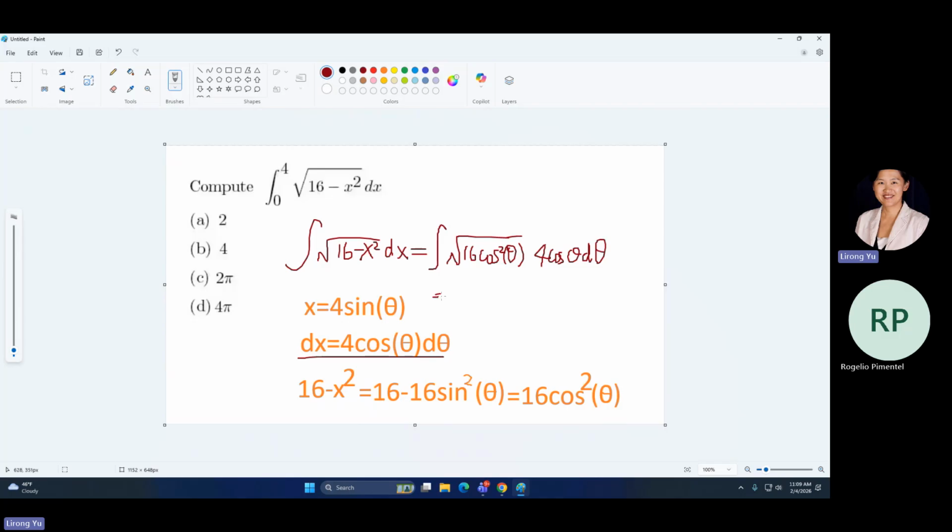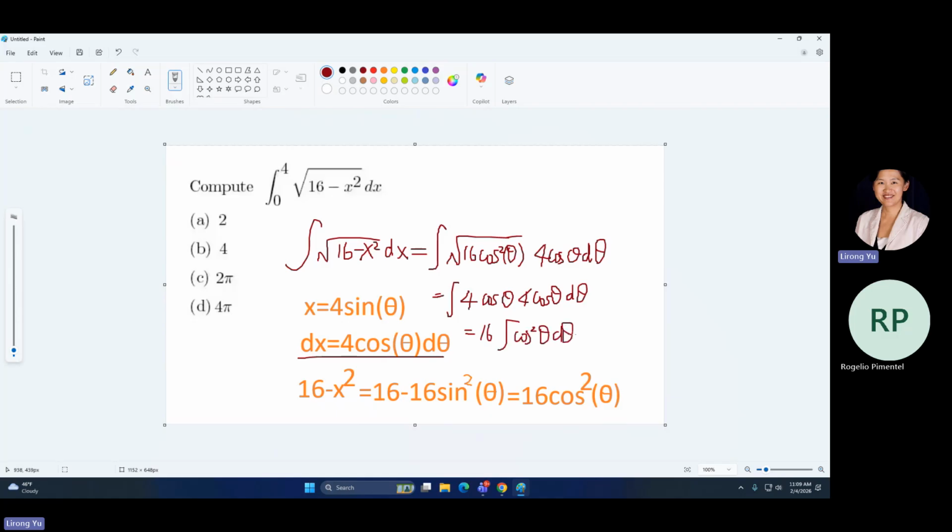This is equal to the root canceling: the root of 16 is 4, the root of cosine squared is cosine theta, and then we have 4 cosine theta. So altogether, this is equal to 16 times the integral of cosine squared theta d theta.